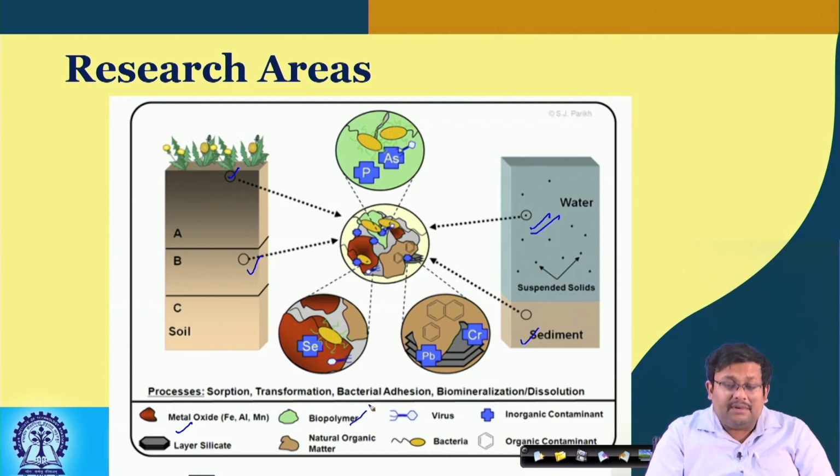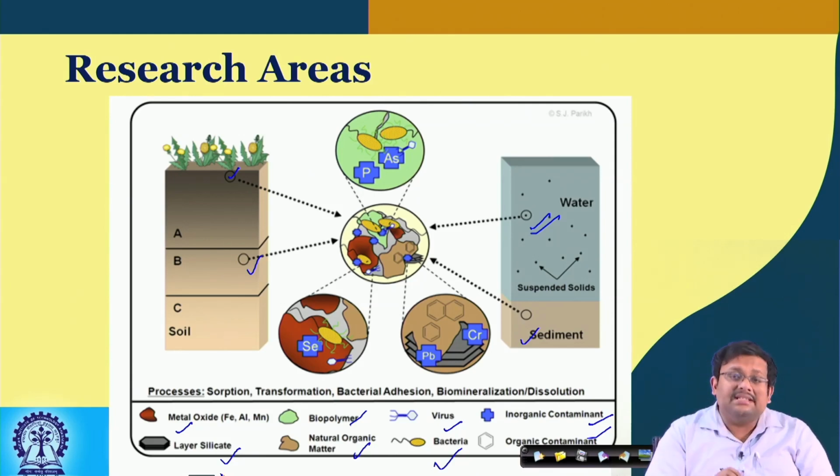Also, biopolymer is an important component, and then virus, inorganic contaminant, layered silicate structures, which we will discuss next week, then natural organic matter, bacteria, organic contaminants. All these play an important role when we are talking about environmental soil chemistry.